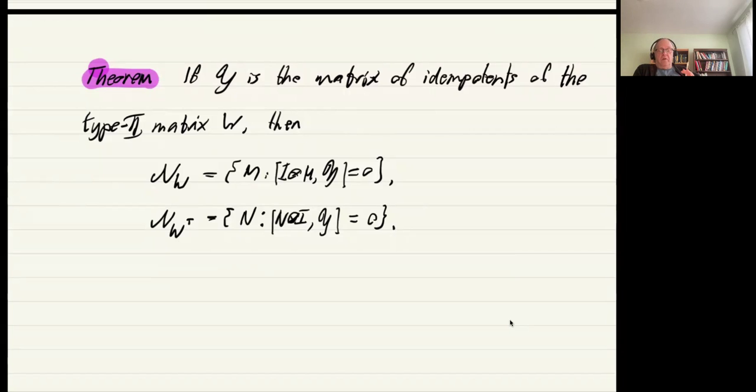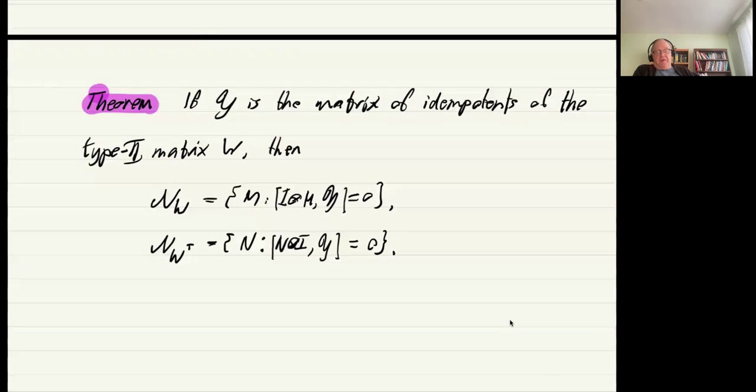Okay, so we'll see in a little while that it follows from this that the matrices N_W and N_W transpose form a coherent algebra. Certainly, if Y is flat, we get a coherent algebra.